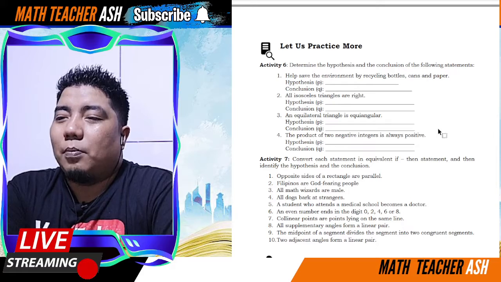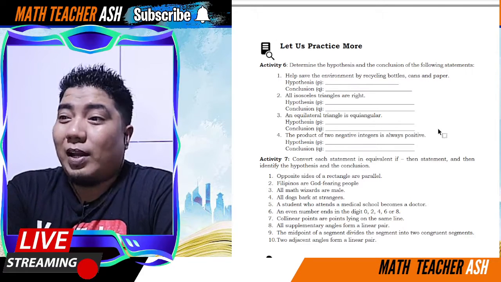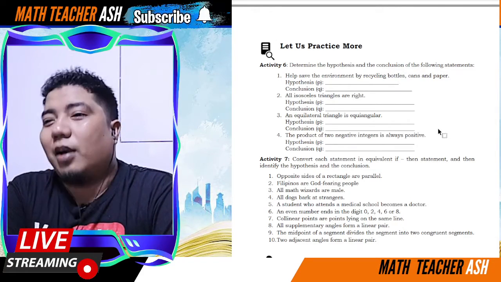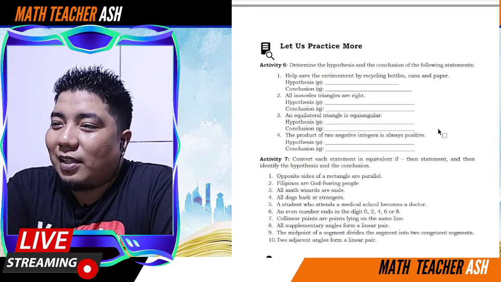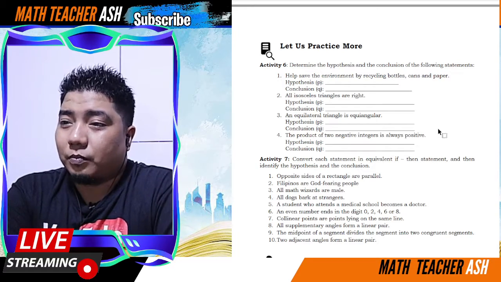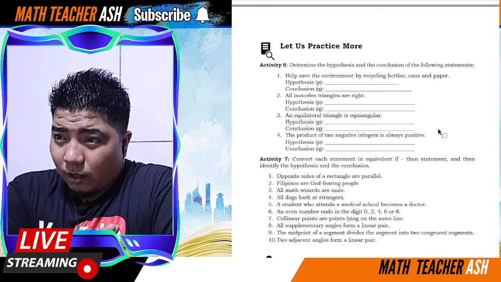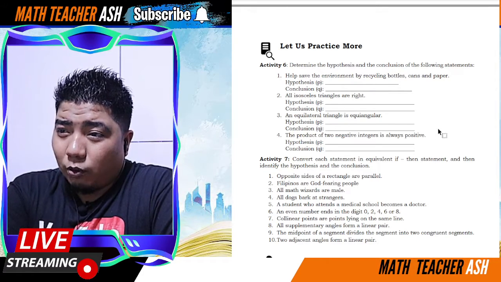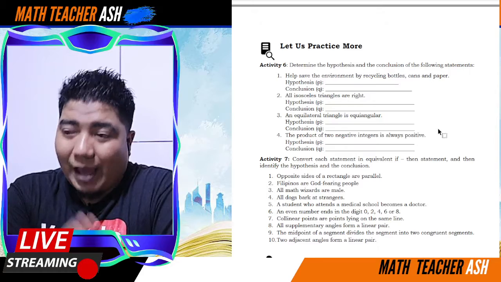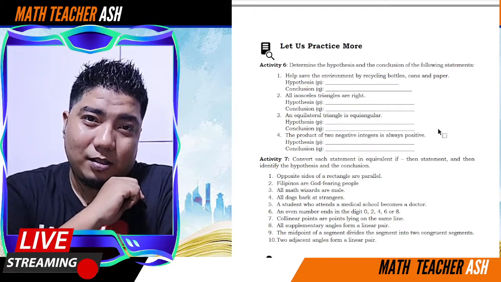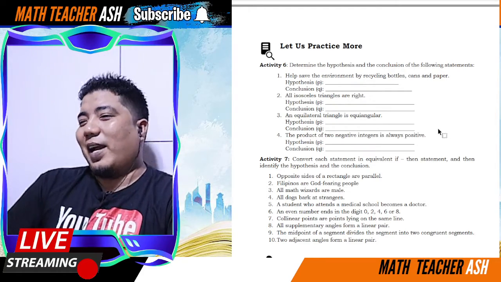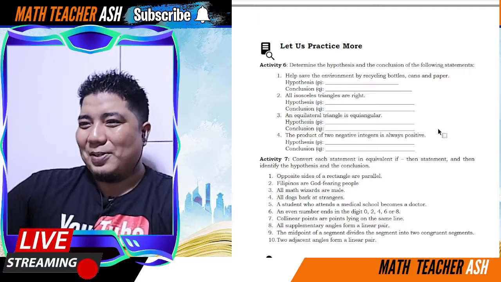So, if the triangle is equilateral, then it is equiangular. Pwede yun. The product of two negative integers is always positive. If you multiply two negative integers, then the product is positive. Ganon. Alright, so ganon lang kadali, my dear math learners.